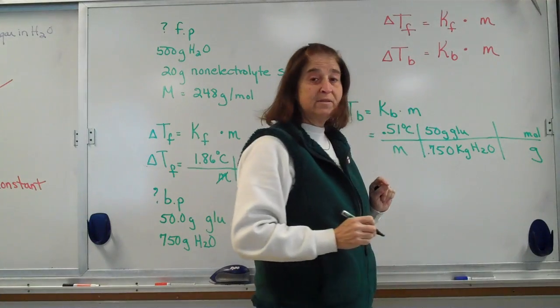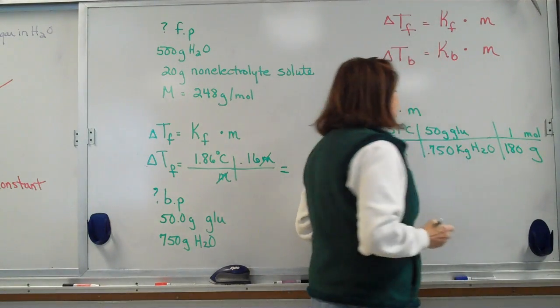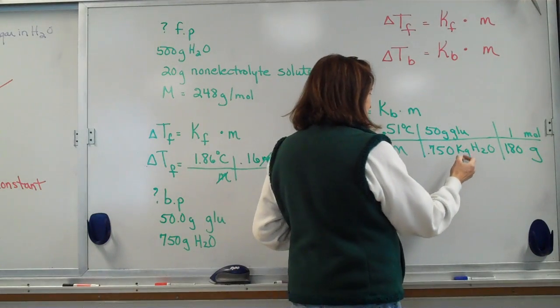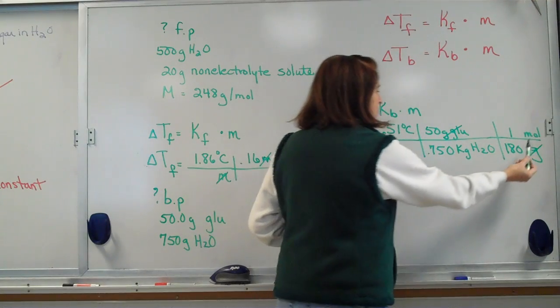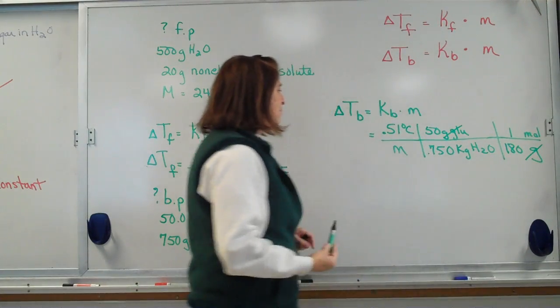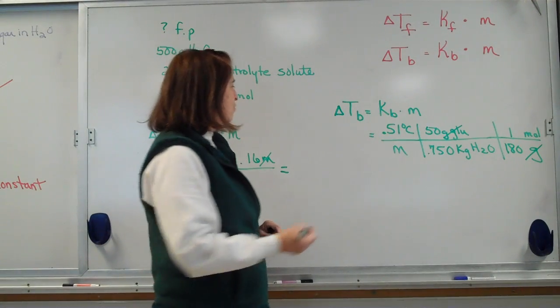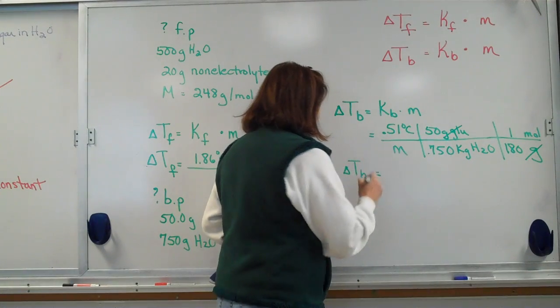And for glucose, I know that 180 grams of glucose is 1 mole of glucose. So my grams of glucose cancel out. Moles per kilogram is my molality. And then I multiply that by 0.51. This is going to give me my delta Tb.